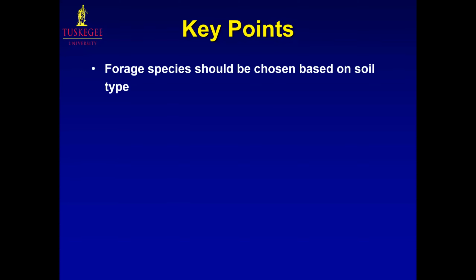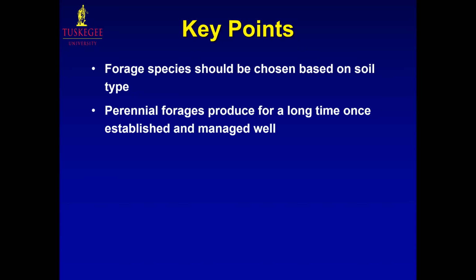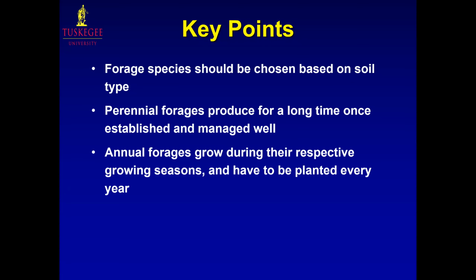Okay, so key points: forage species should be chosen based on your soil type, also your type of animal that you are raising, that I did not discuss here because of the time. And perennial forages produce for a long time once they are established well and if we manage appropriately. Annual forages grow during their growing season, and we will have to plant them every year, unless they are good reseeders, unless they have a lot of seeds falling on the ground before they die.